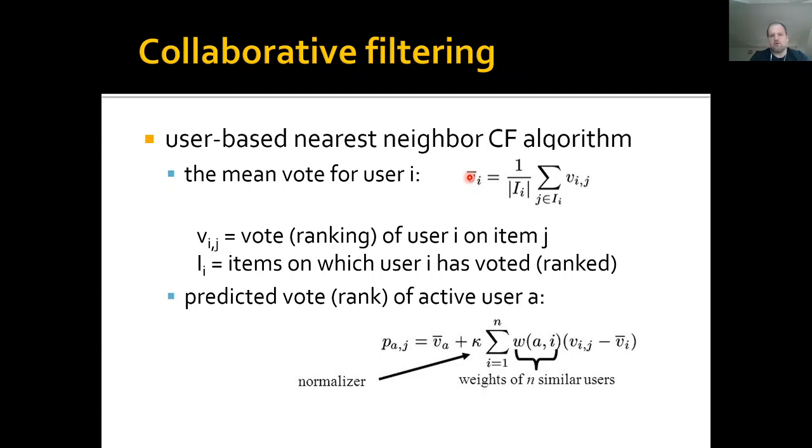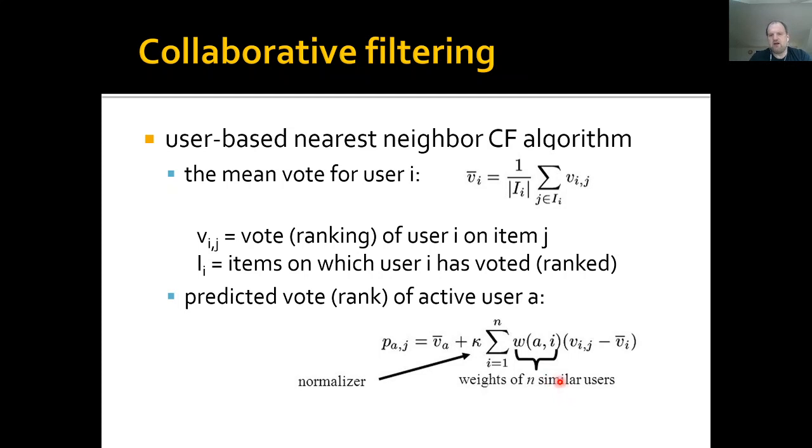This is because of normalization of the scores, because some users tend to overscore items and some tend to underscore them. So relating the votes to the average vote is a normalization factor. That's why we are using the mean vote. We use the average rating as the basis, the initial hypothesis, and then we accumulate the votes of the most similar users for the same item.